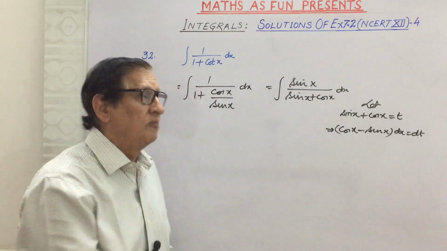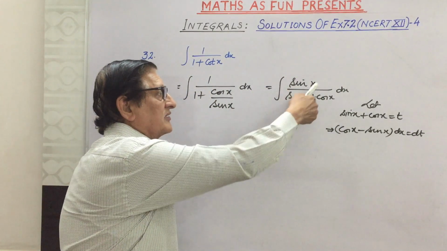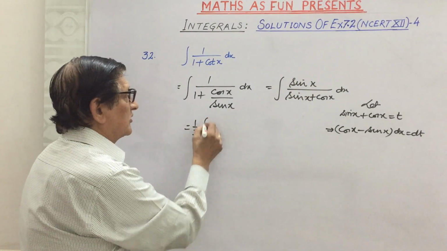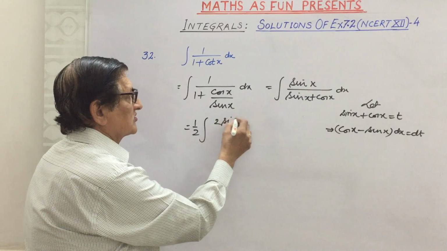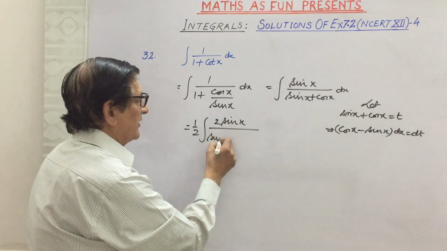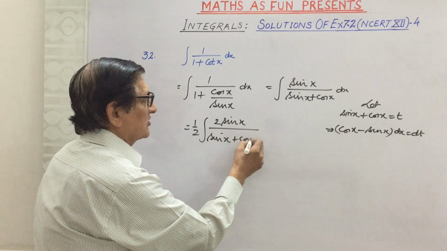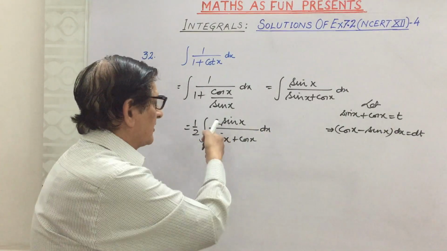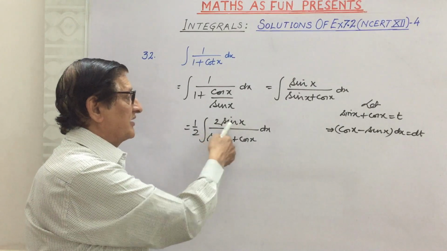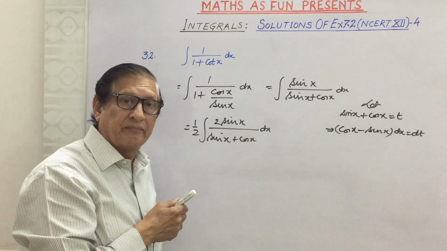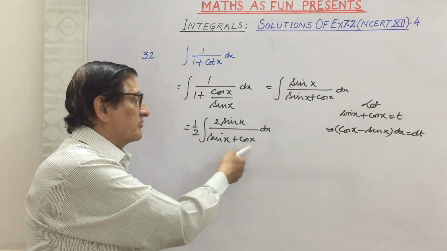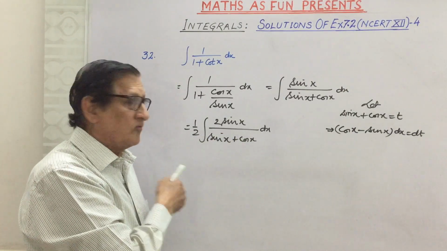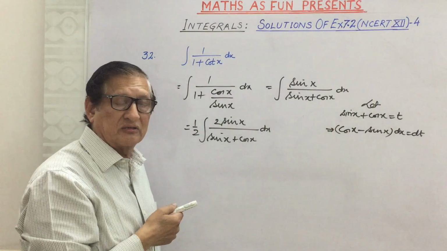Can we get cos x minus sine x by some particular method? What we will do is multiply and divide this by 2. Then we get here 1 by 2, 2 sine x upon sine x plus cos x. Why have we done this? See, we can write this 2 sine x as sine x plus sine x, and if we add and subtract cos x, we can get one of these parts here.